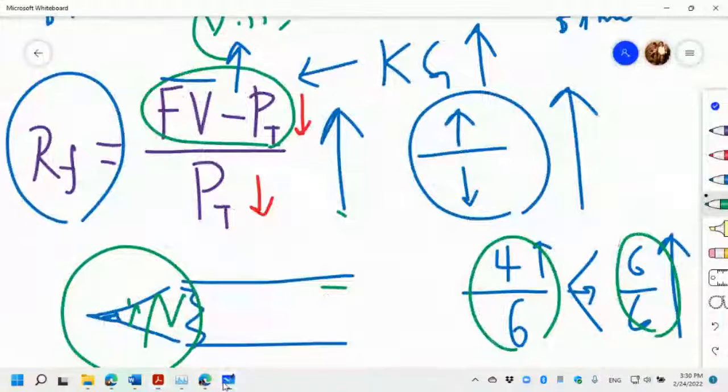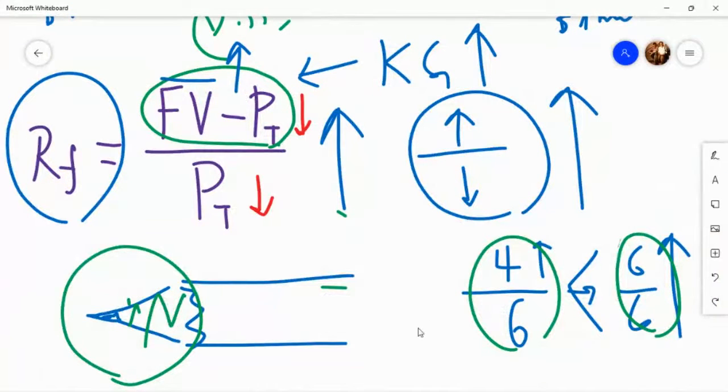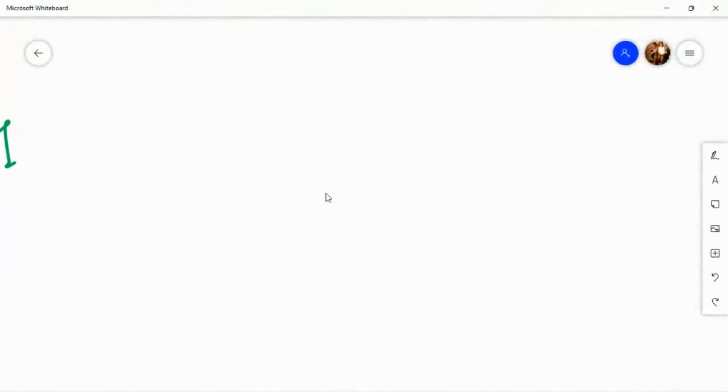And think about it. The coupon rate doesn't change because the coupon rate is bound by the contract.